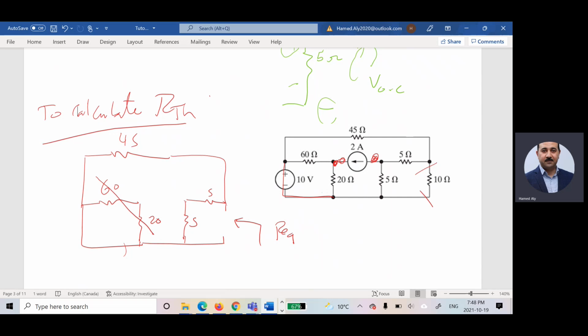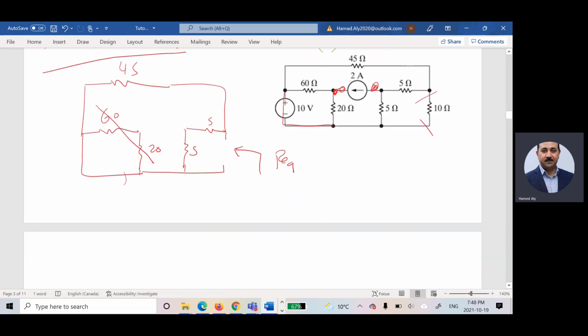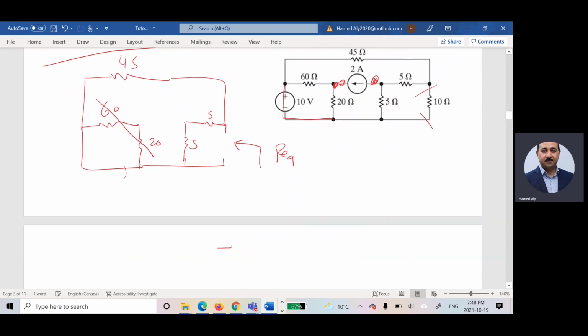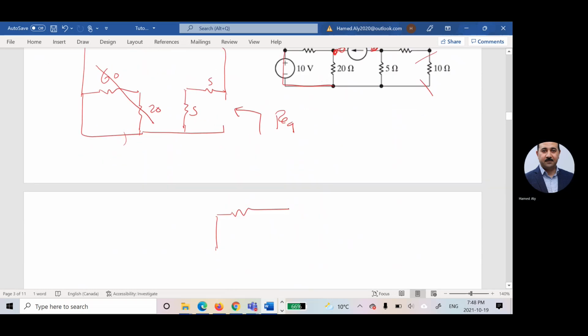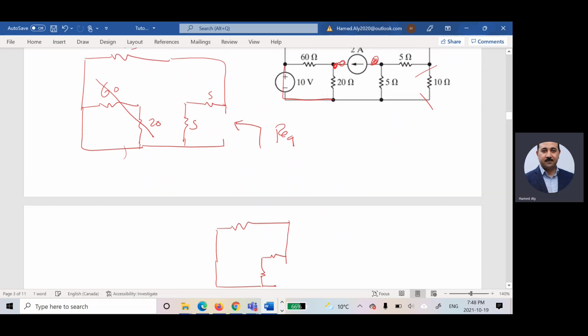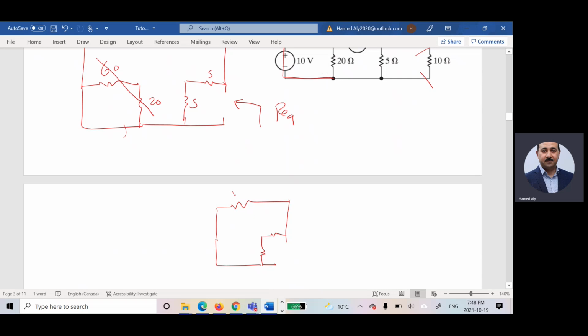Right? So the new circuit will look like this. Now I have 45. I have 5 and 5.